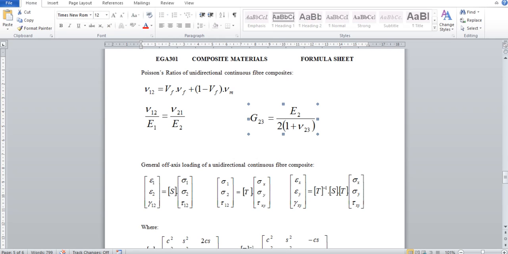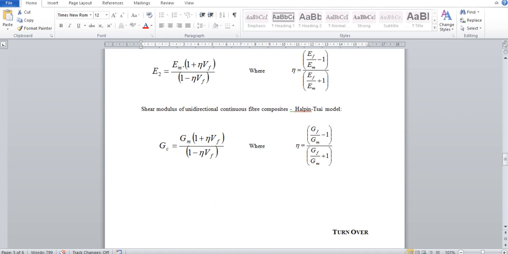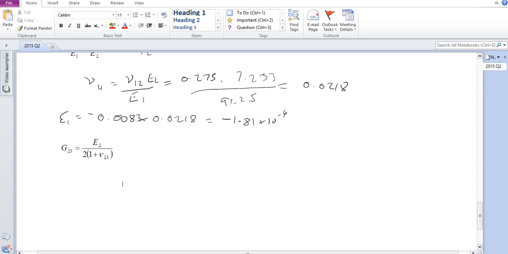And there is a formula. Again, it's a Halpin-Tsai model for the value of G, which is here, and it includes this value of eta, which is the same kind of equation as the one for the tensile modulus across, but with the shear modulus instead. So if we, again, copy that.